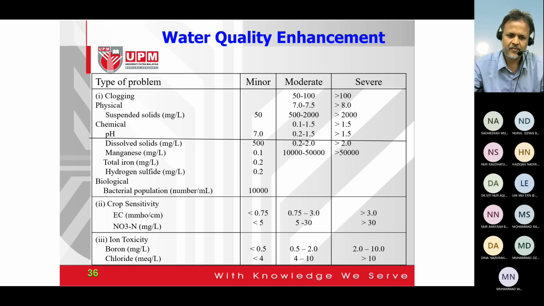We call this submain. But let's say your field is different, like this. This is your field, the same place, but you have 3 blocks like this, and the water source is here. Then you bring the water here. This is your main line, from here to here.